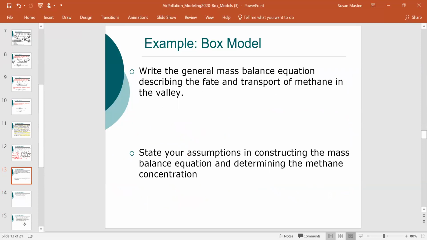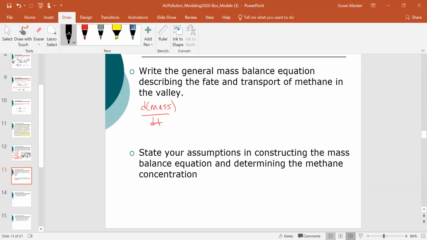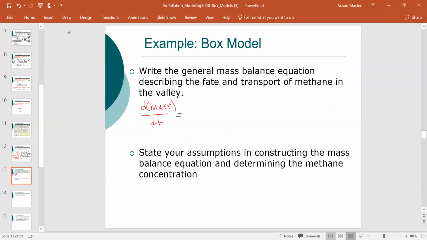So the next thing we want to do is develop a general mass balance. What I'm looking for when I ask you to do that really is thinking about what our source terms are. We have the mass rate in through the wall or the face of the cell.